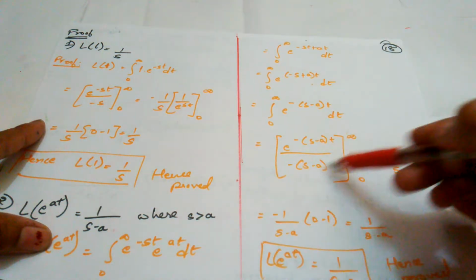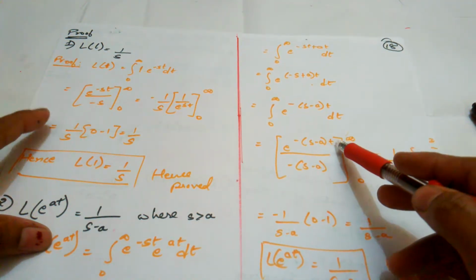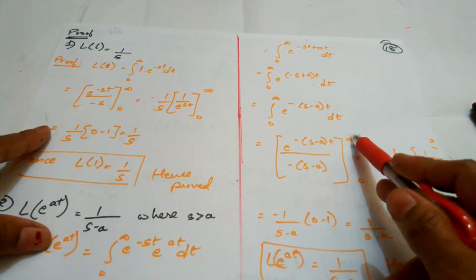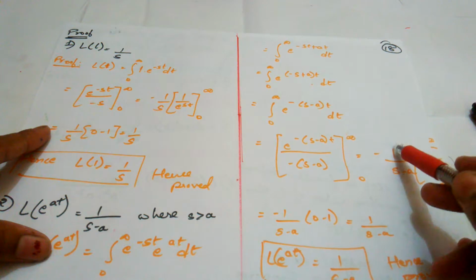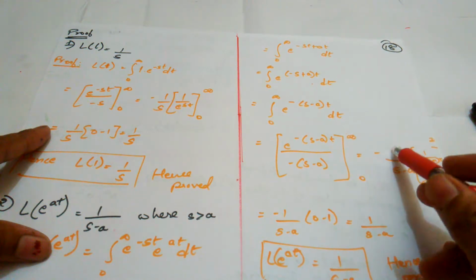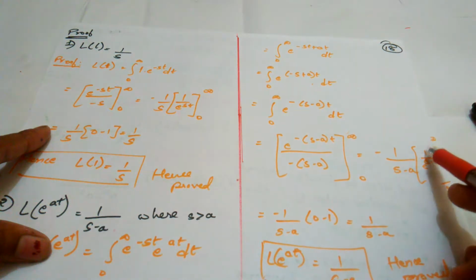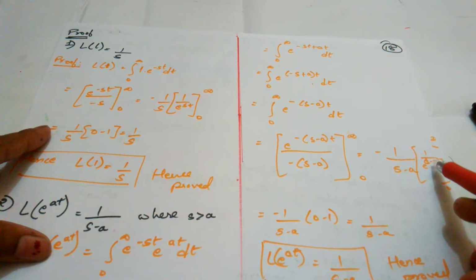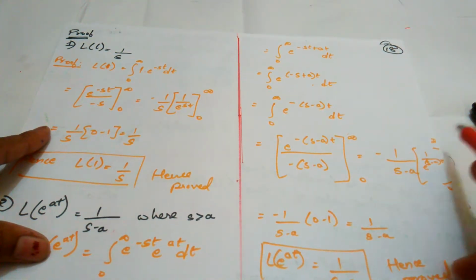After integrating this, e raised to minus (s minus a) t divided by minus (s minus a), within the limits 0 to infinity, which is equal to minus 1 upon s minus a, in the bracket 1 divided by e raised to (s minus a) t, within the limits 0 to infinity.